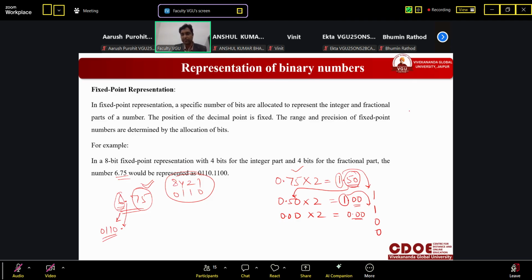You might have studied converting 9 into binary. What did we do? We divided by 2. 2 4s are 8, 1 remainder. 2 2s are 4, 0 remainder. 2 1s are 2, 0 remainder. 2 zeros are 0, and this one will be written.